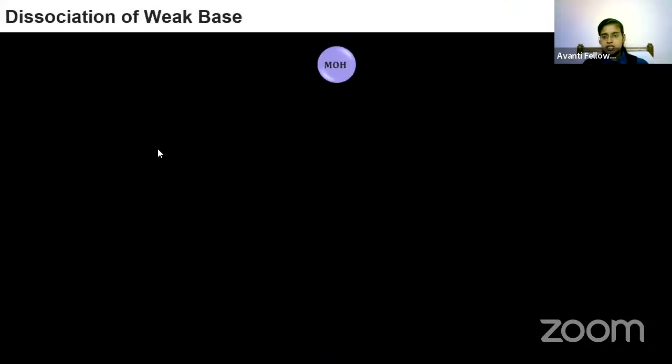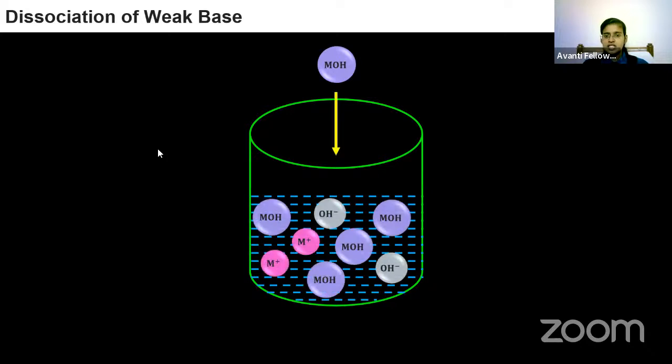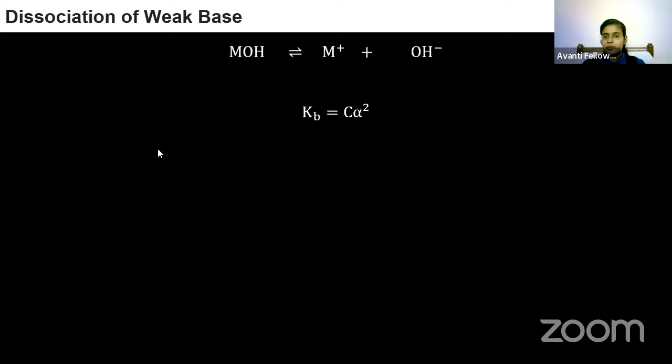MOH is the general formula for a base. Now if I add this base to the solvent, some partial dissociation of the base will be there. If I write this in a reaction form, MOH gives M plus and OH minus ion.